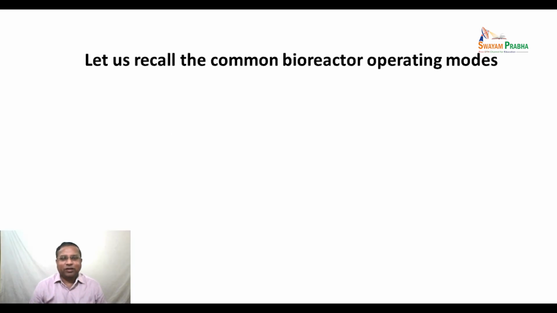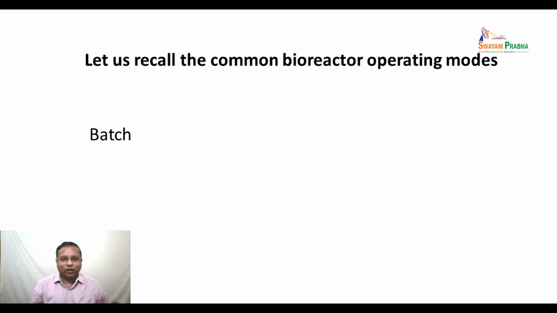Let's first recall the common bioreactor operating modes that we saw in the previous module. We first saw batch as the operating mode. A batch is nothing but you add everything in, and then at start time everything is already there.